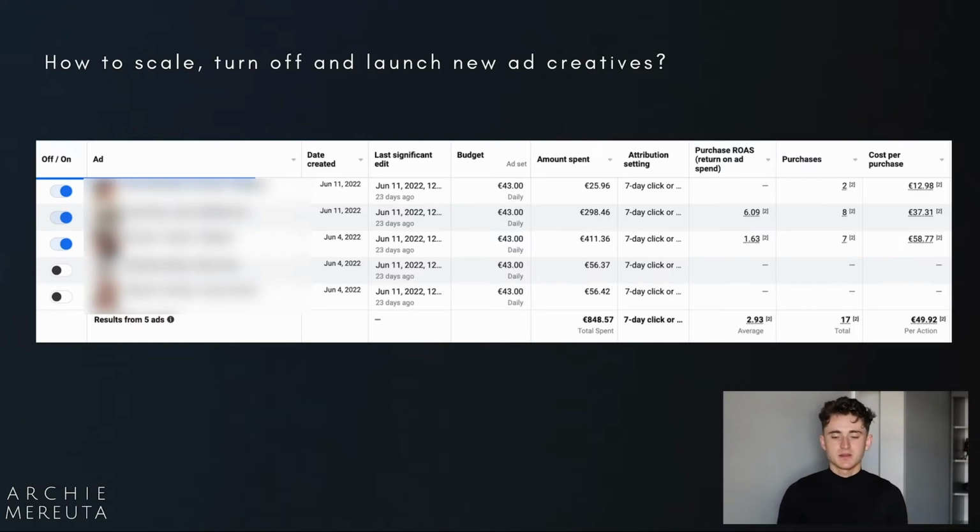These 2 ads have spent almost 60 euros, but they have not generated any sales, and I turned them off. The reason behind that is because when an ad has spent 2x of your cost per acquisition, sometimes 1x, depending on your price points, depending on how conservative you are, you can turn those ad creatives off.